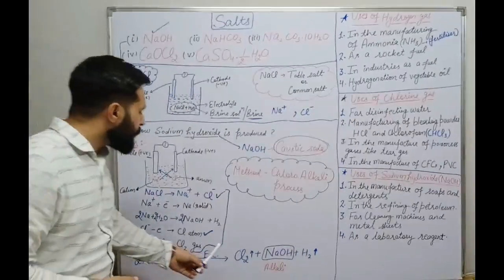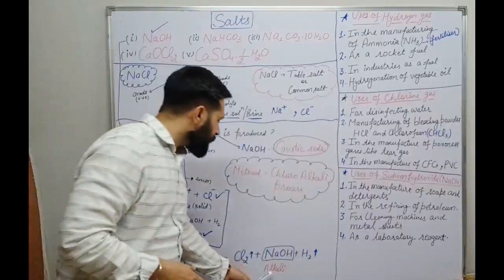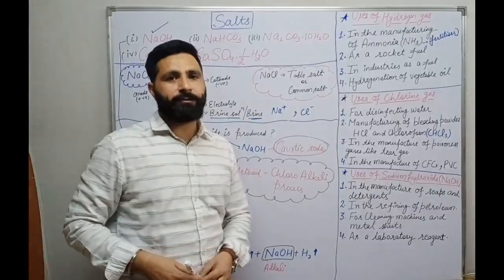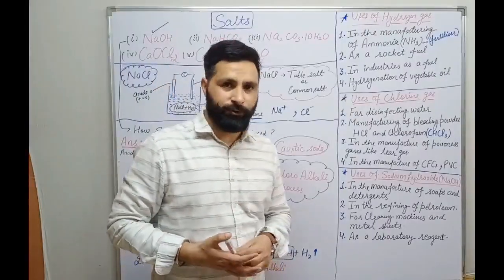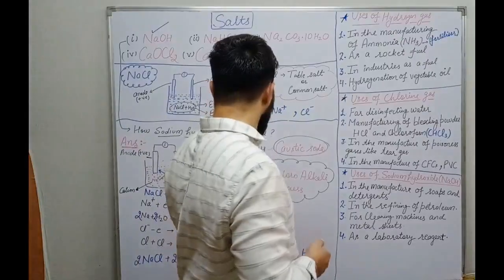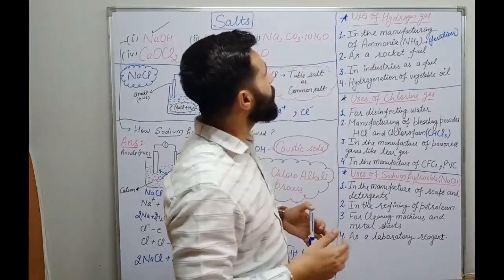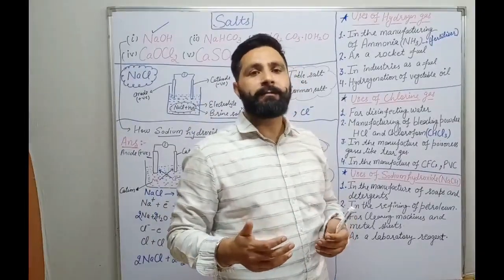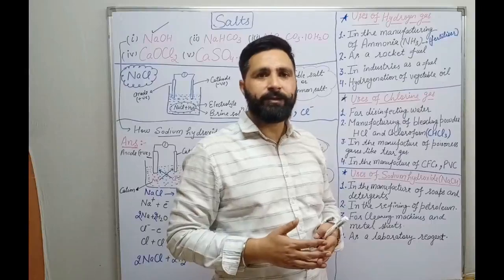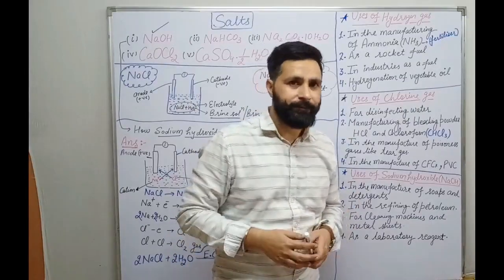So now here we are given chlorine gas, sodium hydroxide, hydrogen gas. So we have to remember 2-3 uses of each. So beta, first, uses of hydrogen gas. Hydrogen gas is used in the manufacture of ammonia. Ammonia is a fertilizer used in crops for better yield.